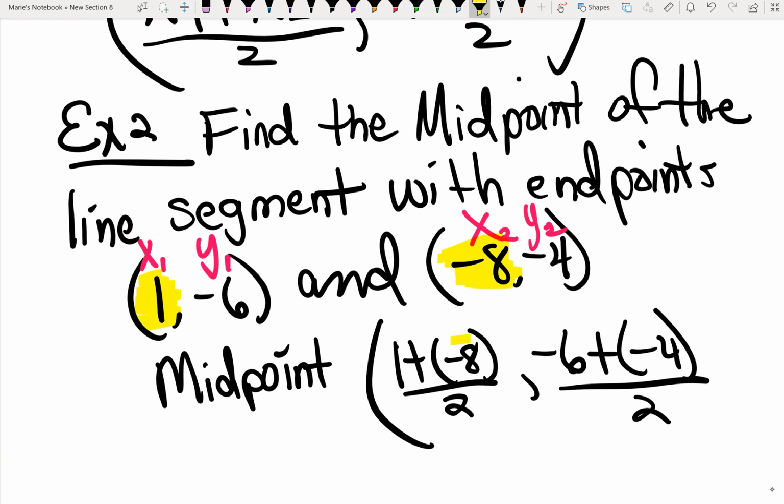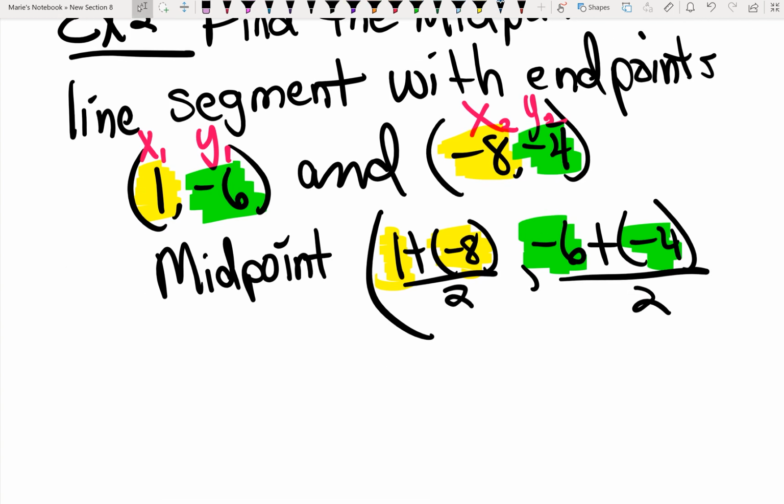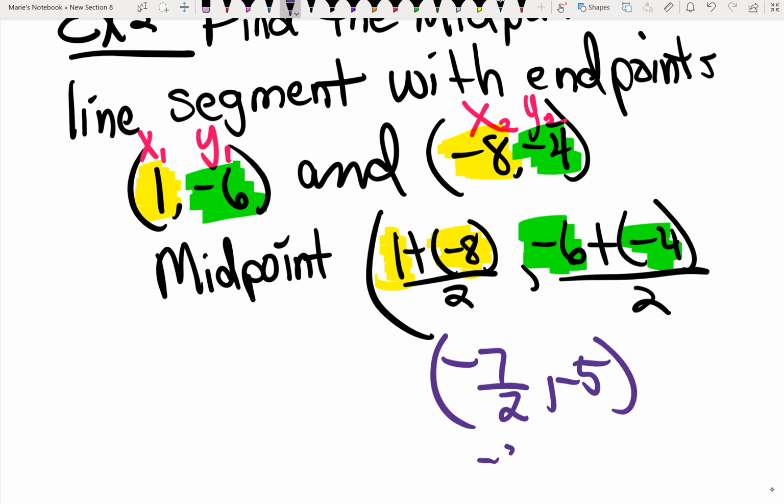We're adding them together. And again, the y is -6, -4. We're adding them together. 2 is constant. So your final answer for this one will be the fraction -7/2, comma, -5. And yes, this is -3.5, comma, -5. So you can write them in either way.